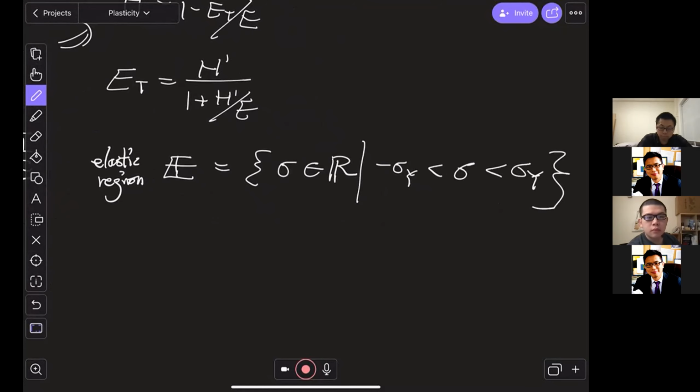Now, if I include the closure of that boundary, then I would have the admissible stress space.